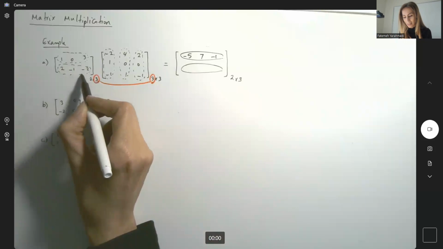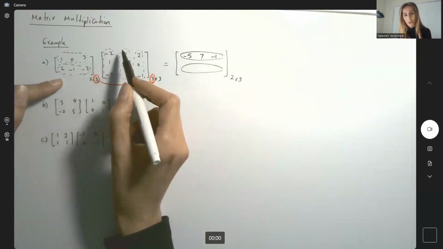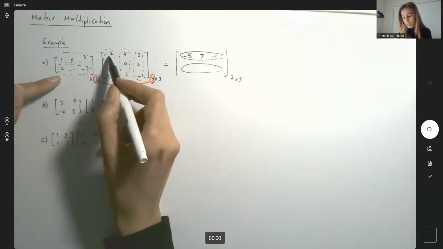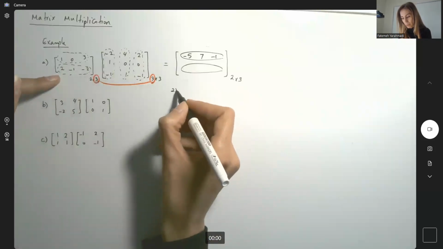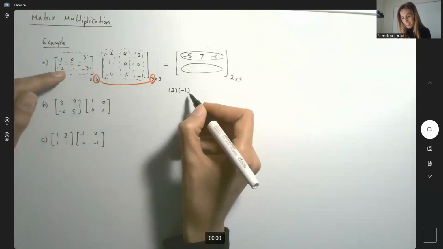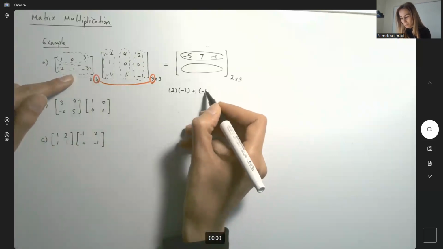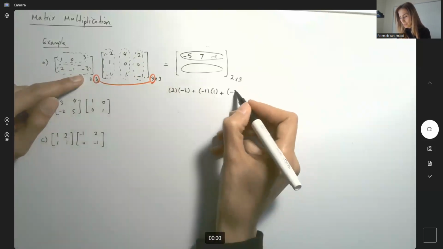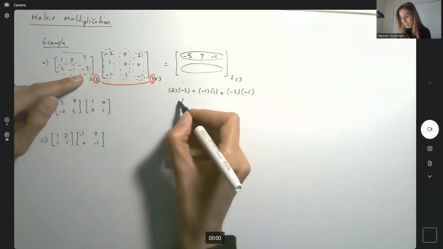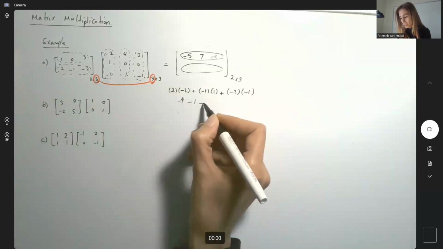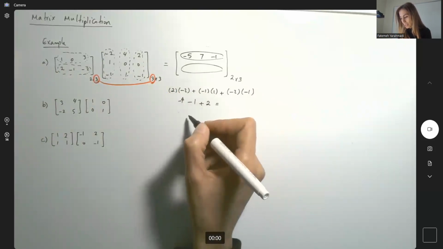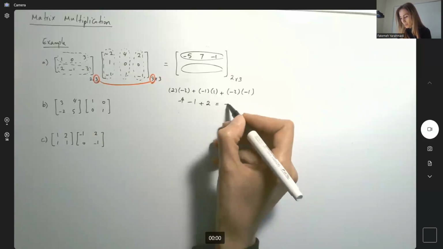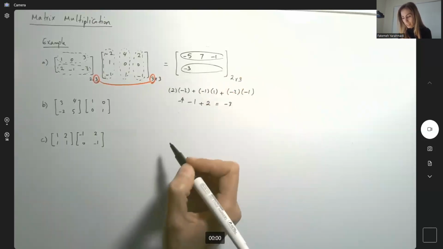We're going to take this vector and find a dot product with the rest of these vectors. So 2 times -2. Let me write down the whole thing, I keep forgetting. Plus -1 times 1 plus -2 times -1. This is -4 minus 1 plus 2. Here you have -2 plus 1. I'm sorry, minus 1, so you get -3. And so here you have -3.